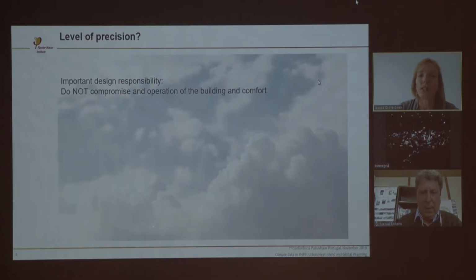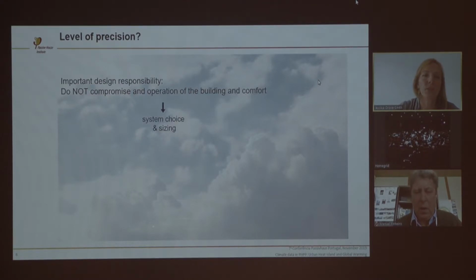What's important to keep in mind, having said that, is that whatever climate data you choose as a reference location, you do not compromise in any way on the operation of the building and the comfort. So you have to make sure that you use a location that is representative in the climate conditions, that will allow you to optimize for the location.